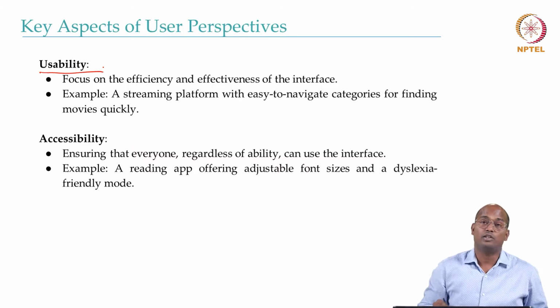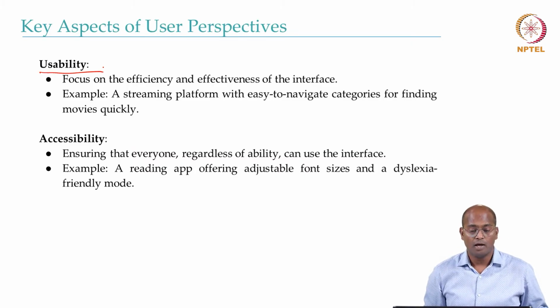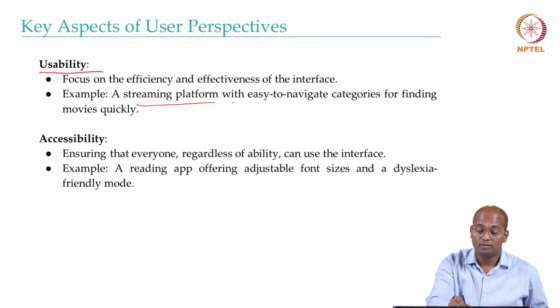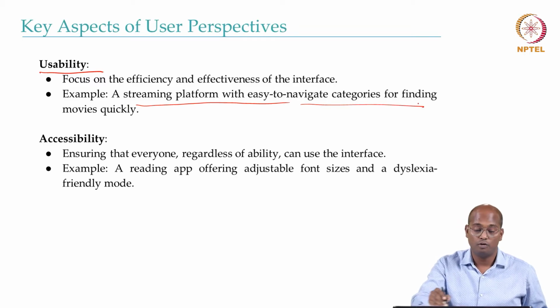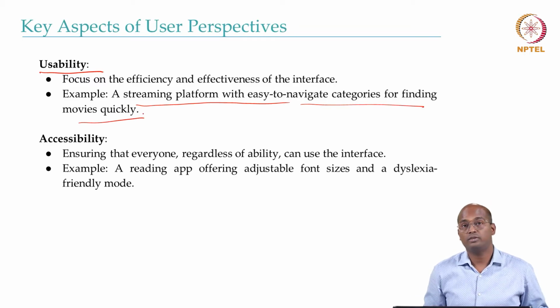The next key aspect is usability. It focuses on the efficiency and effectiveness of the interface through which you interact with the system. An example is a live streaming platform with easy-to-navigate categories for finding movies, drama, or anything that is of your interest quickly.